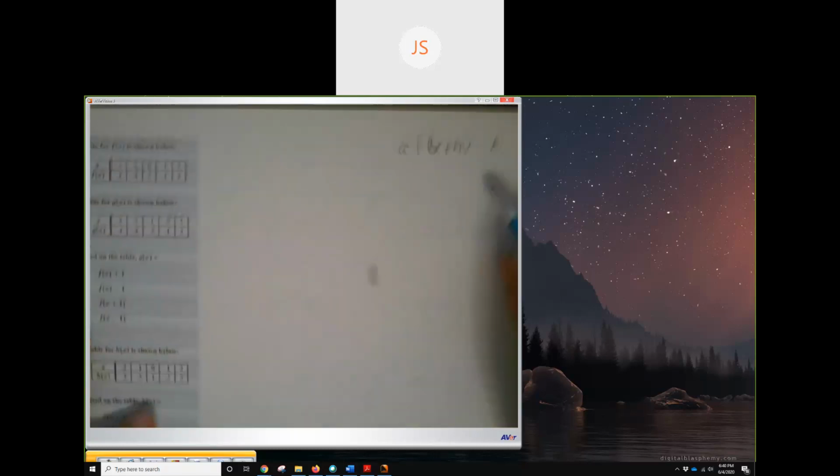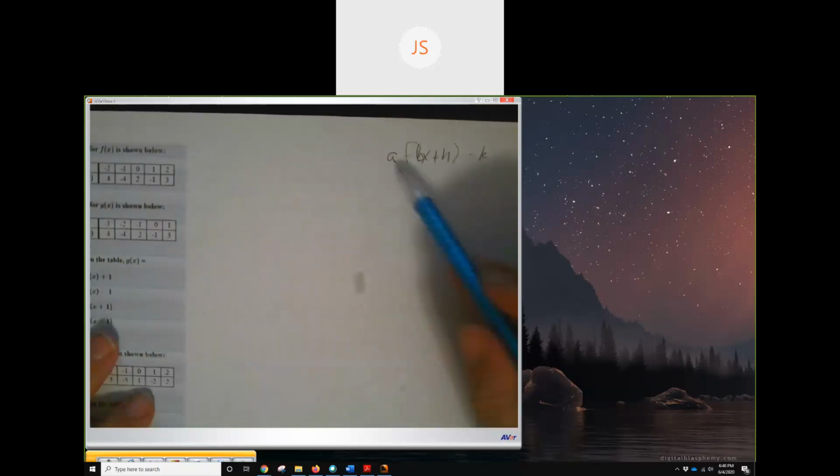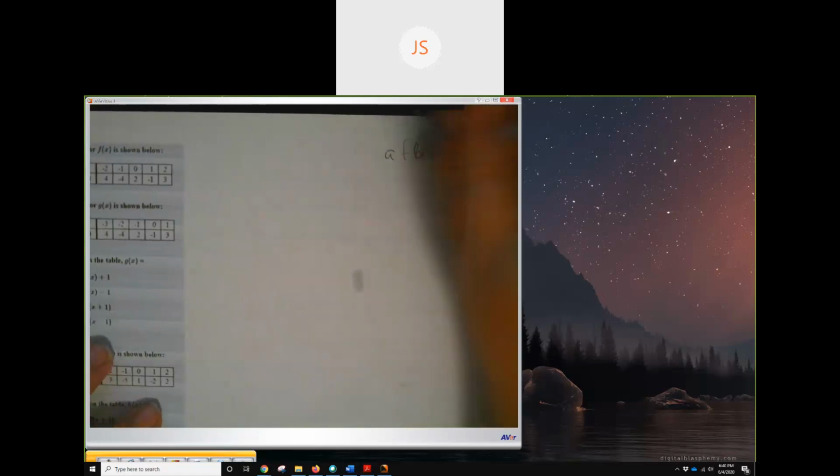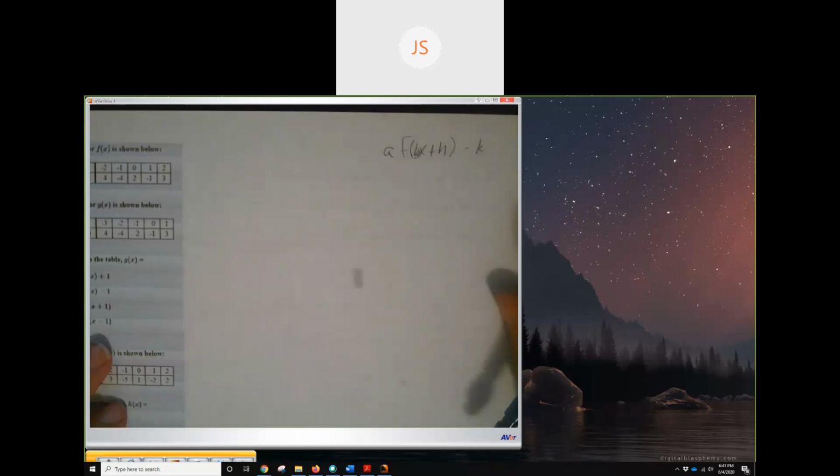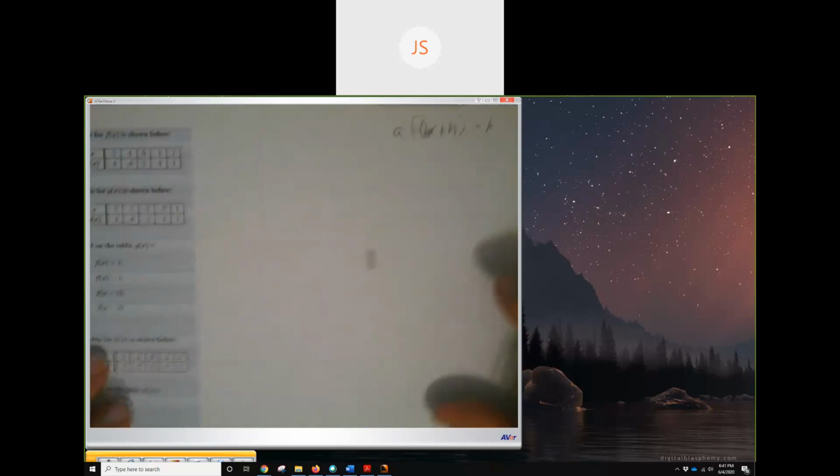And then you can find something that explains what each letter does, a, b, h, and k. If I find one, which I'll look after we're done, I'll put a link up as an announcement. That way you can have it, because it's nice to have just one chart that describes all these rules.